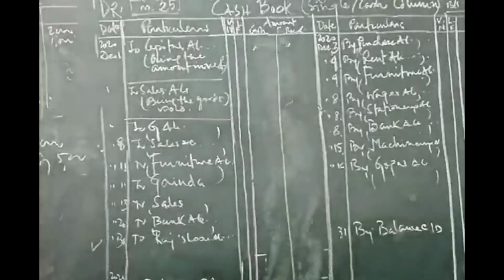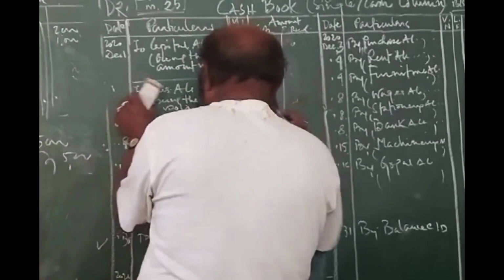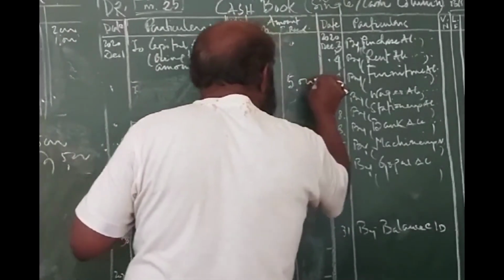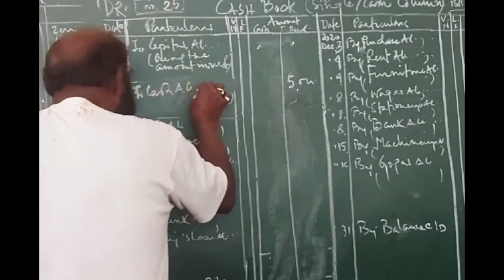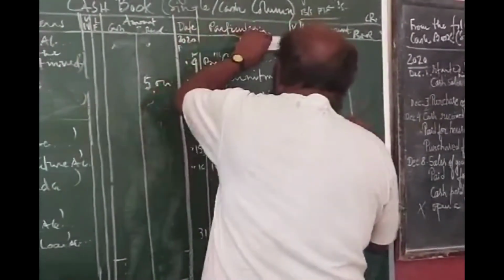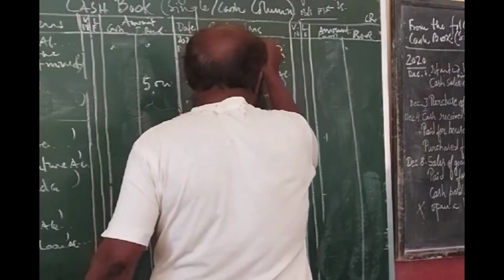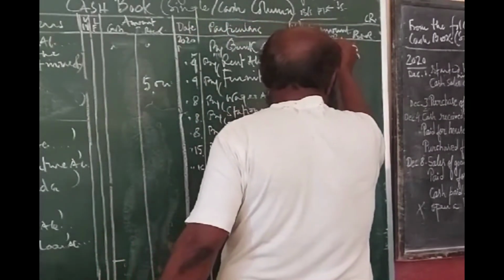Bank has been debited, so on the debit side we write this one, to cash. And cash account has been credited, so here we write by bank, by bank account in cash 5,000.